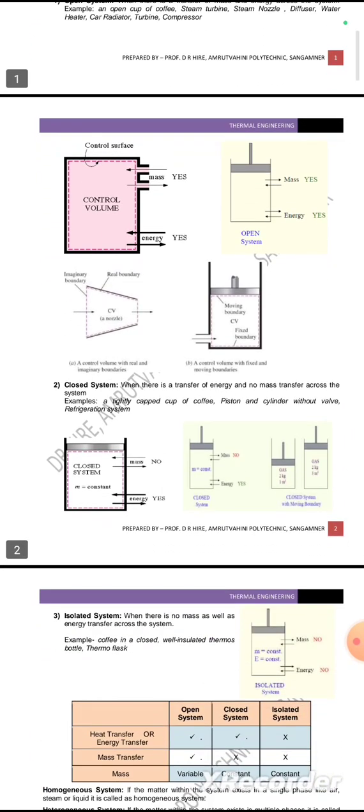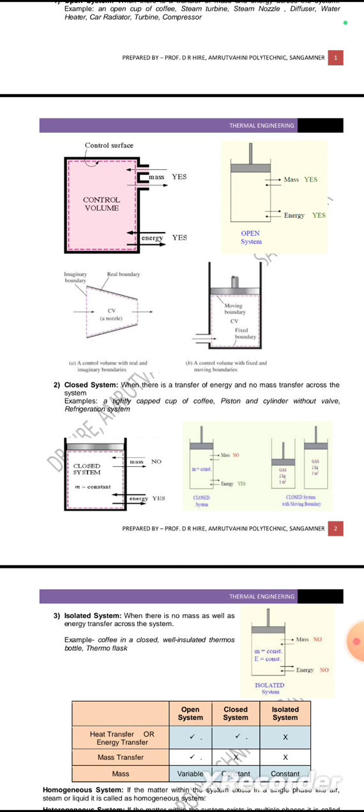Similarly, the second system is the closed system. If we take the same example of a cup of coffee, let's put a cap over the cup, a tightly capped cup of coffee. The vapors which came out in the open system are now not able to come out from this cup of coffee, but heat is transferred because we feel that the cup is hot.